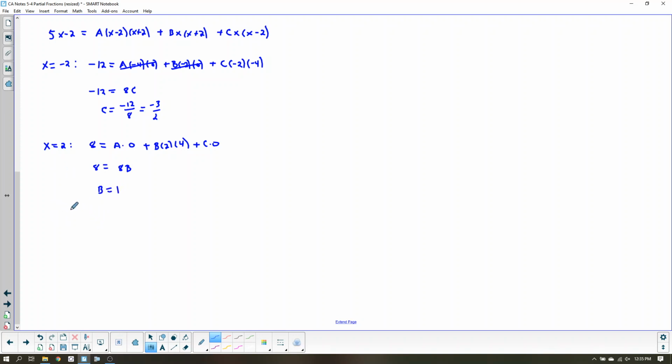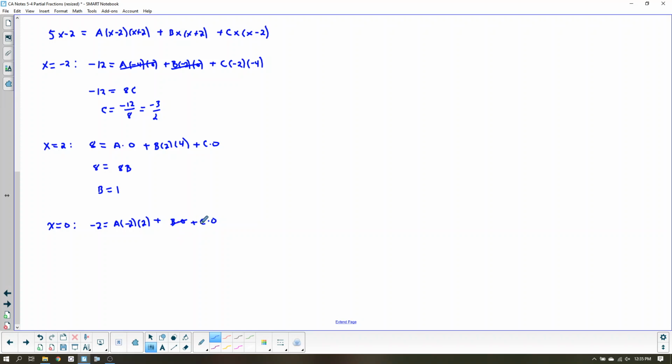All right, now we're just left to find one more. So the last choice is obviously to use x equals 0. It's going to wipe out these two and help us solve for a. So x equals 0. On the left-hand side, you're just going to get negative 2 when you plug 0 into this. Then a times negative 2 times positive 2, plugging 0 in here, plus b times 0 plus c times 0.